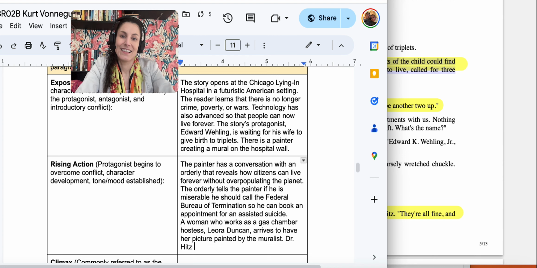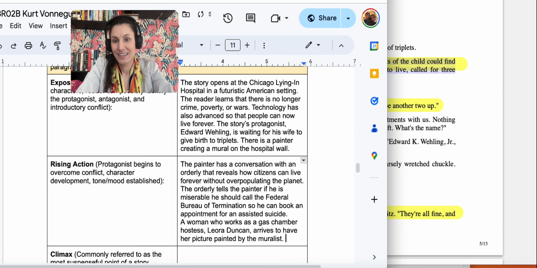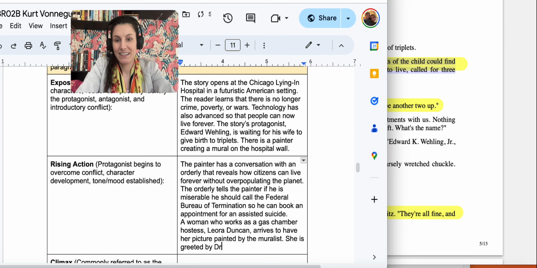She is greeted by Dr. Hitz, the man, or rather the obstetrician, responsible for population control. I don't want to say responsible for the gas chambers, because that makes it seem like a negative, and in the story, it's not.